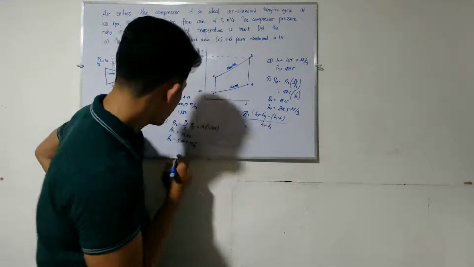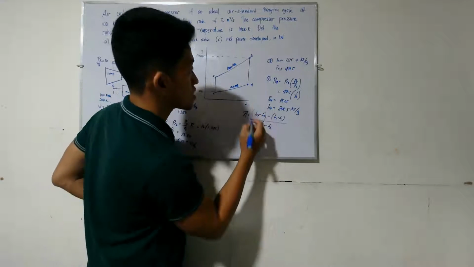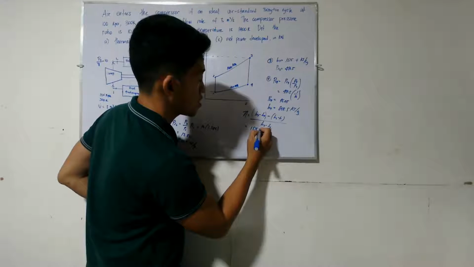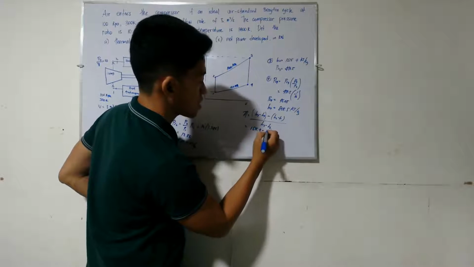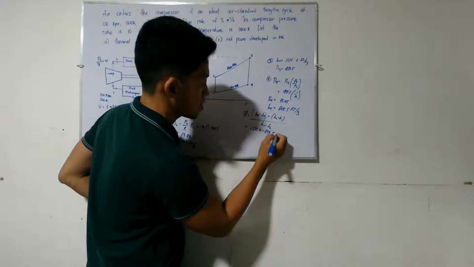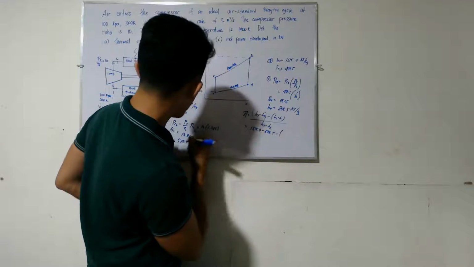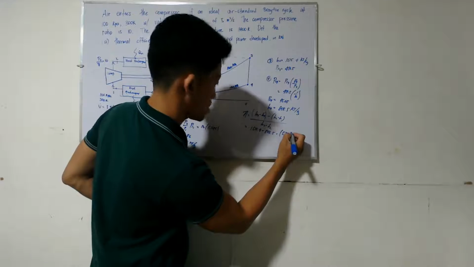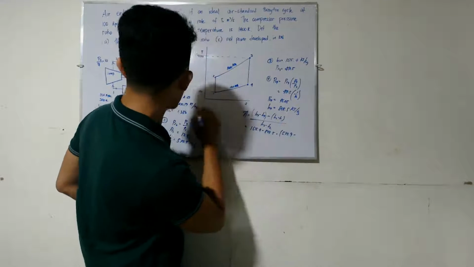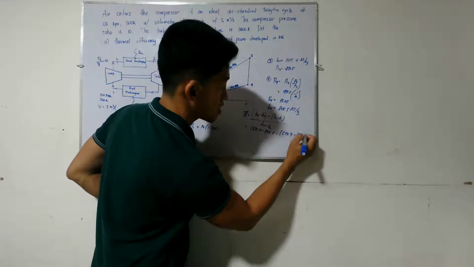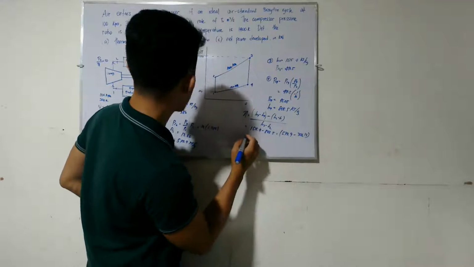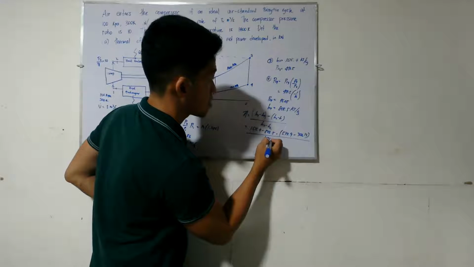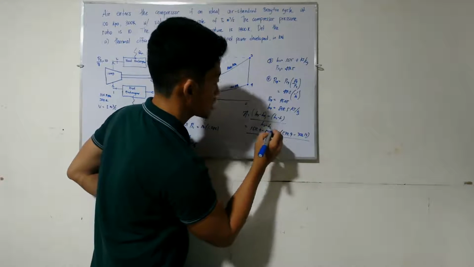Okay, so you have H3 is 1515.4 minus 808.5 minus H2 579.9 minus H1 300.19, divided by H3 minus H2.